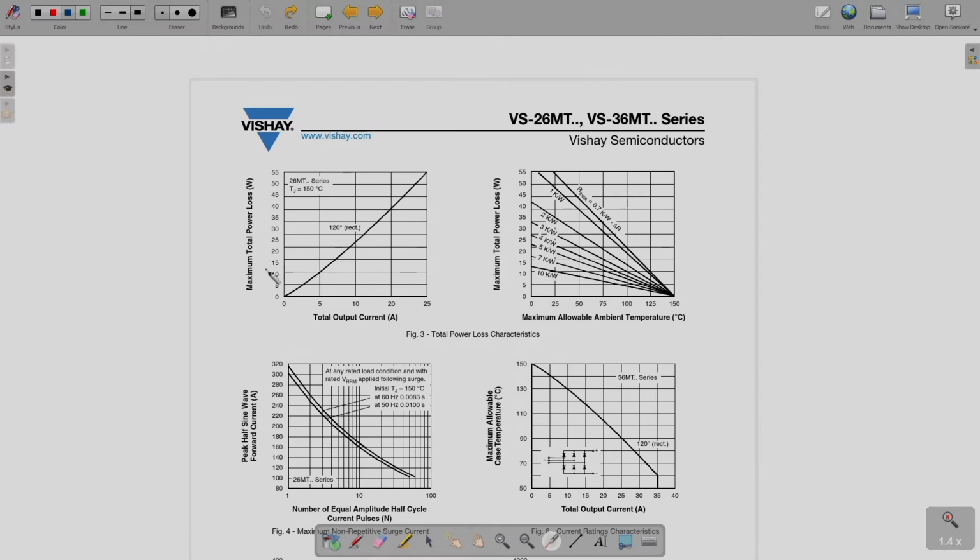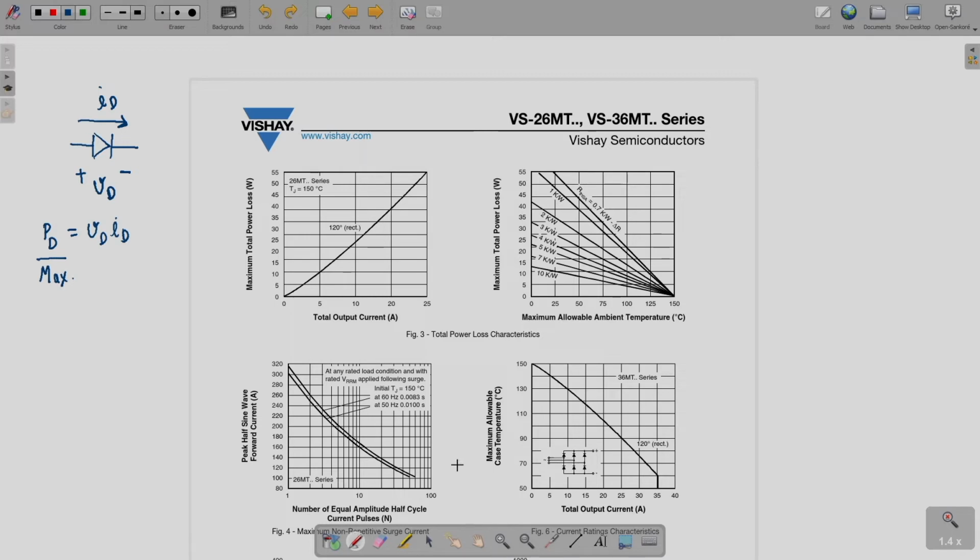Next, the graph that is shown here is total power loss versus the total output current. So, when we say total power loss, this is voltage Vd, and then there is this current Id. So, Vd into Id is your power loss that will be happening, and that is Pd. So, there is a maximum that is allowed to protect the device.